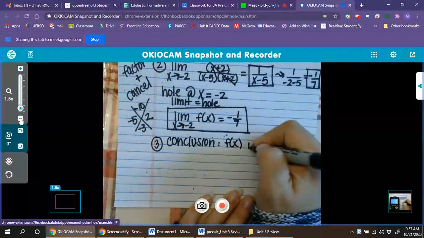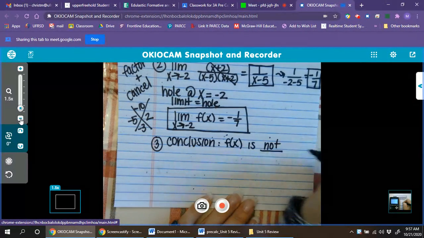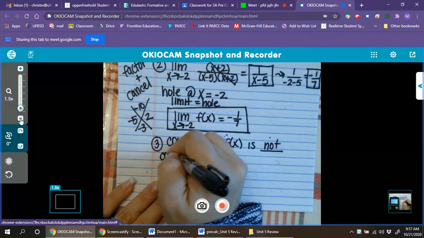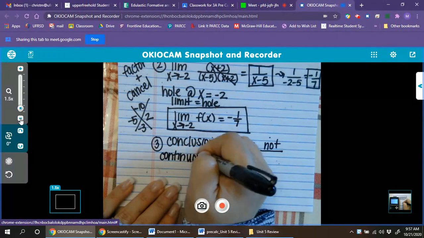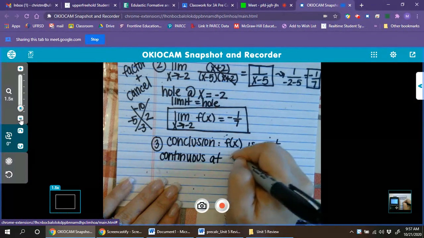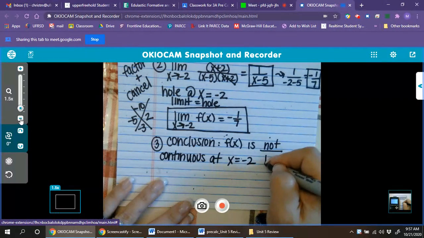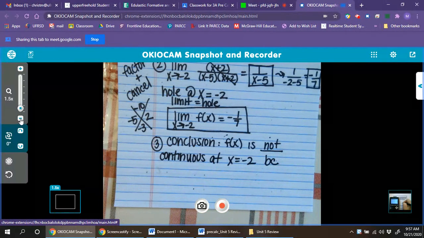So f of x is not continuous at -2 because, so what's my reason? Why is this not continuous? Because of the function.